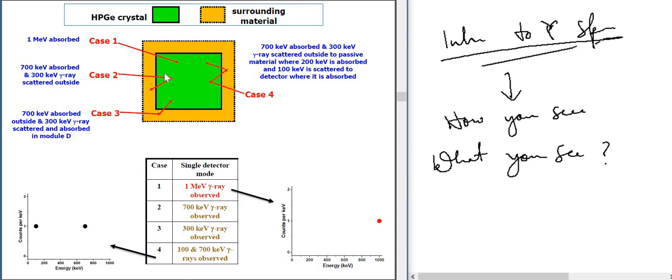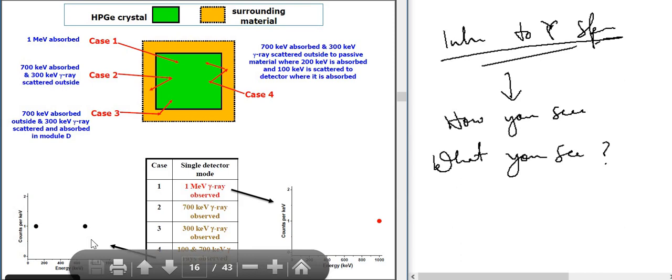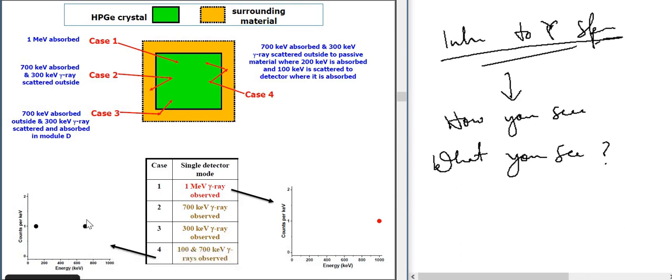In the second case, case 2, suppose 700 keV is absorbed and a 300 keV gamma ray is scattered outside. What will happen? Now you see how much is absorbed, 700 keV. So at 700 keV over here, we will observe a single count, and this is due to case 2.